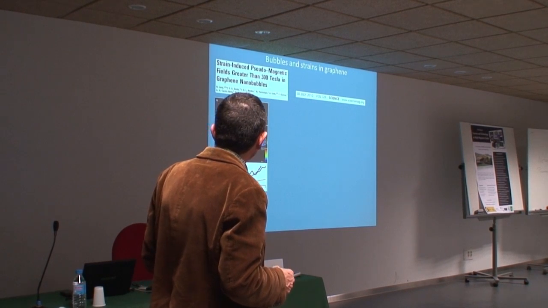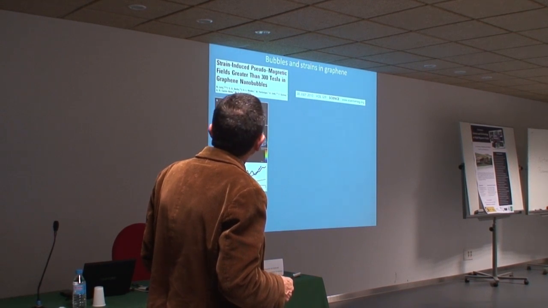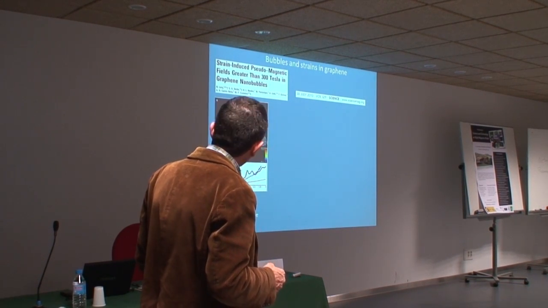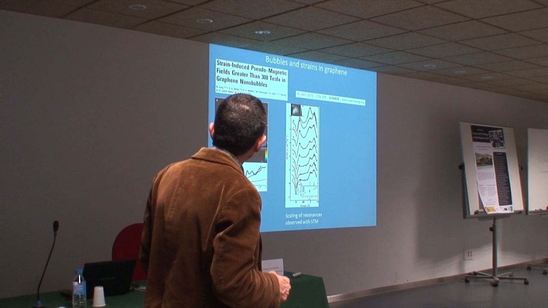They imaged the bubbles, and the spectra had resonances which were absent elsewhere. Then my colleague Antonio Castro Neto was on sabbatical in Berkeley at the time and told them, oh, maybe those are Landau levels.